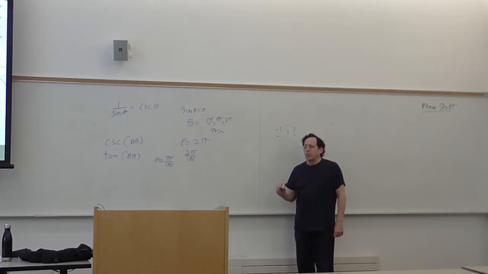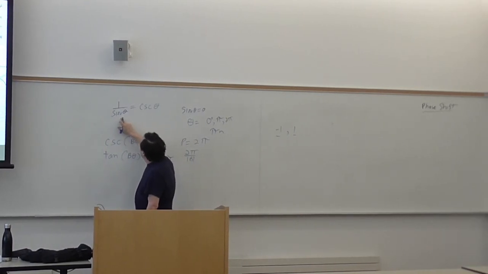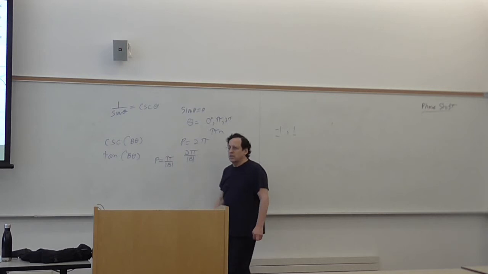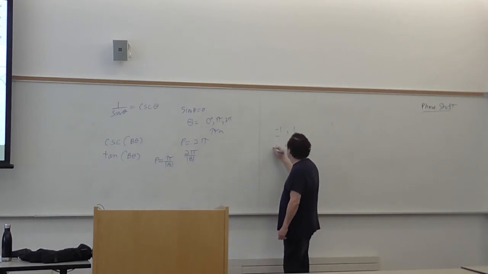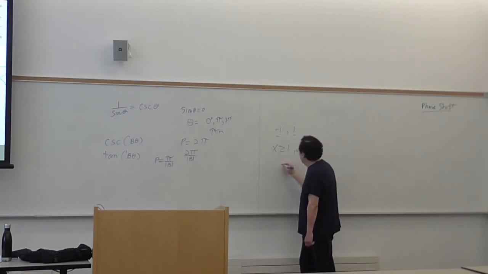It can be 1 because the sine of pi over 2 is 1, so 1 over 1 is 1, and the sine of 3 pi over 2 is -1, so it can be -1. So it would be x greater than or equal to 1, and less than or equal to -1.